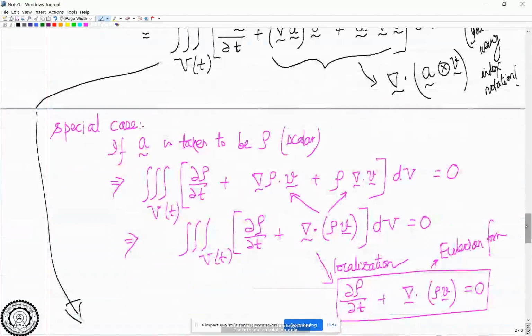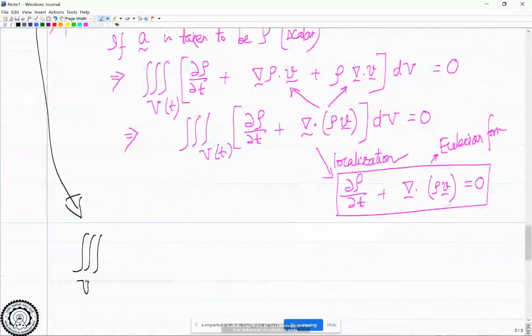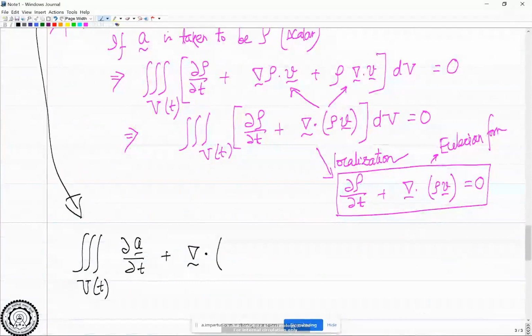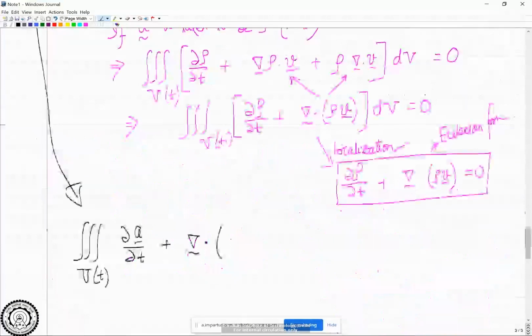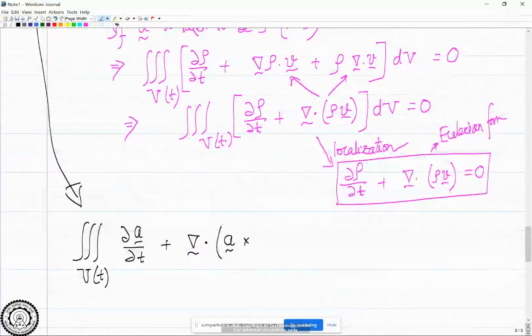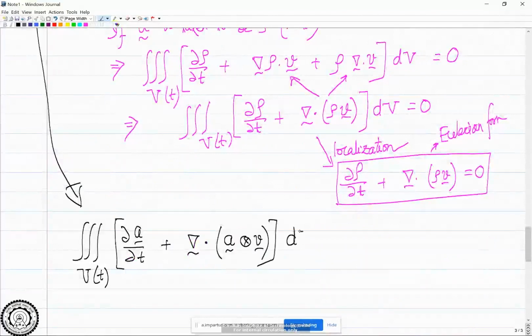So finally you have integration over Vt of del A by del t plus divergence of A tensor product V, dV.